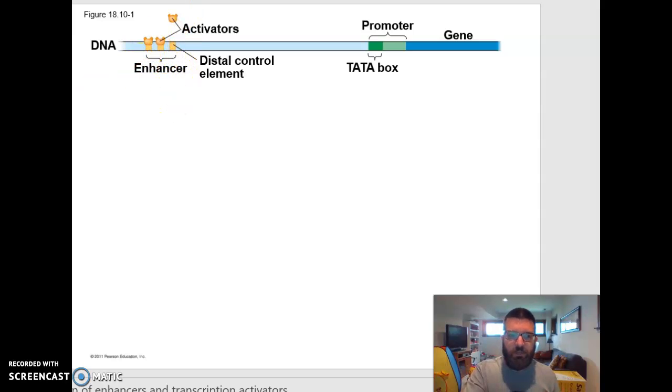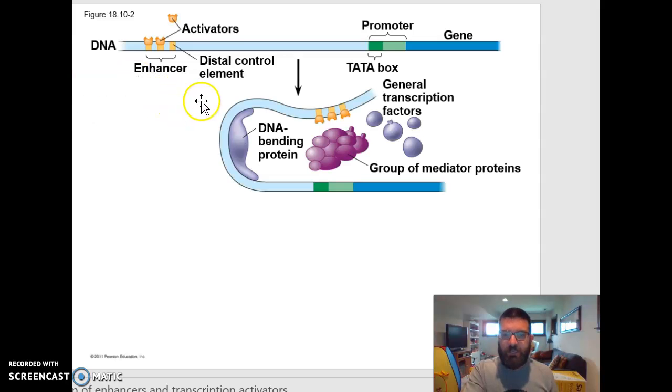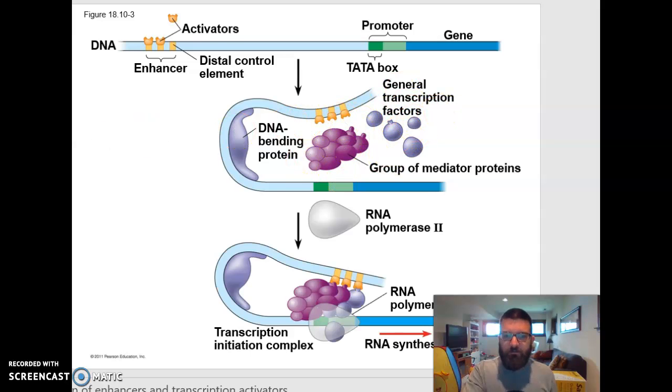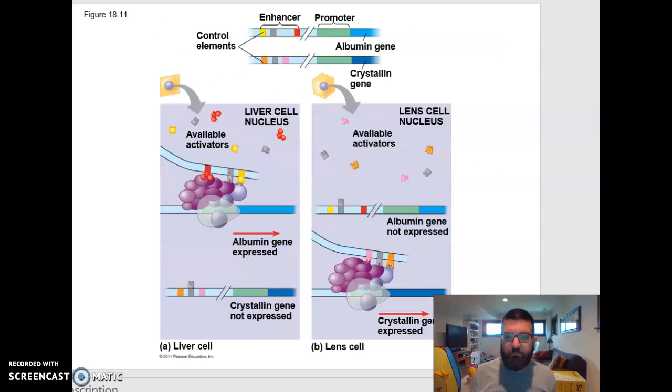And essentially it causes this DNA to bend, and these activators up here will cause this DNA to bind to other transcription factors down here, and these facilitate RNA polymerase binding with the promoter, right? And so when these activators are present, RNA polymerase can bind and produce that mRNA transcript. You can have transcription. When these activators are not present, you do not have transcription. So which activators and transcription factors are available is going to dictate which genes are going to be expressed.